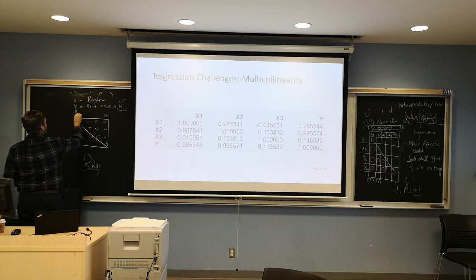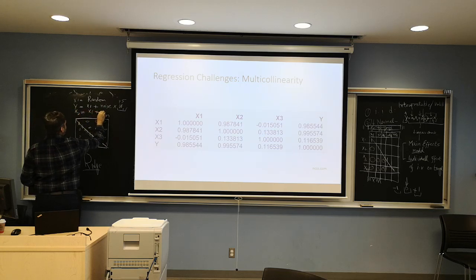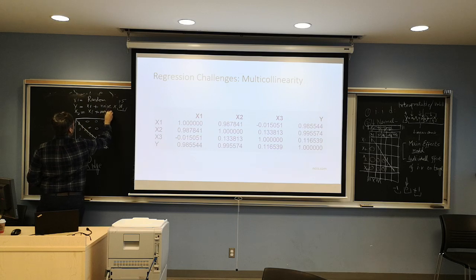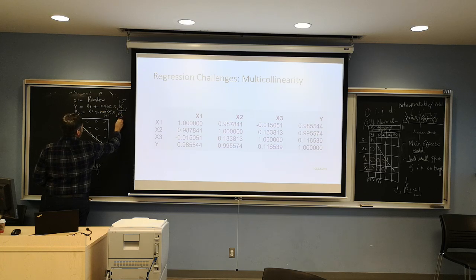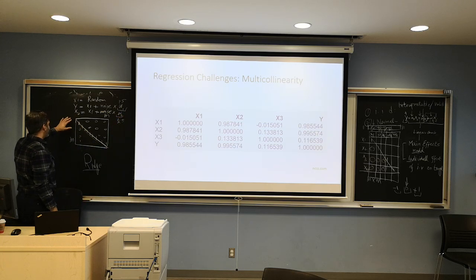And x2 is x1 plus noise, multiplied by another coefficient that only you know, 2.5. Now when you calculate correlation, you will see that y, x1 and x2 are highly correlated.